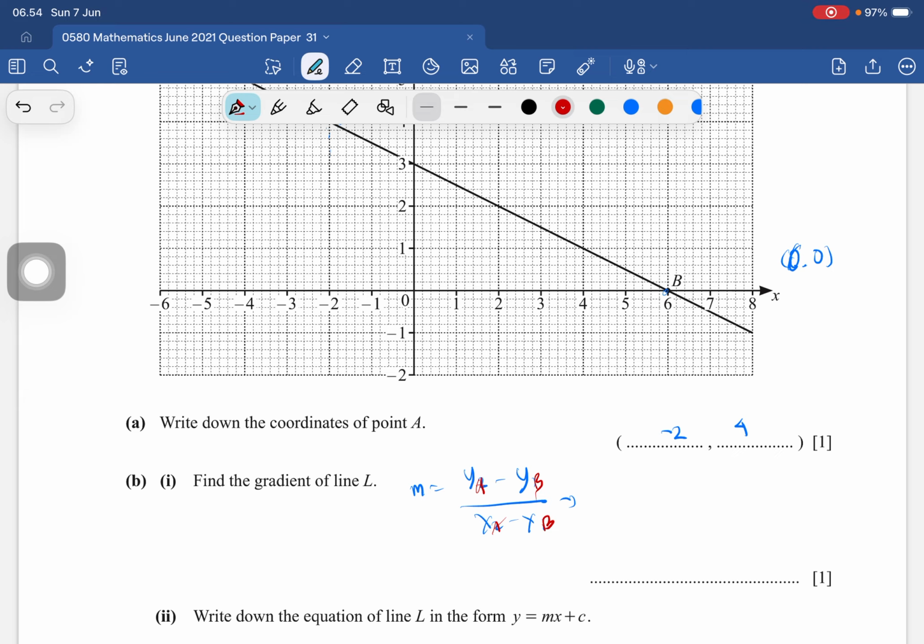It doesn't matter which point is which for the coordinates, as long as we have two points; you can decide which one is y1, y2, x1, x2. I will write it as A and B. So 4 minus 0, divided by -2 minus 6, gives 4 divided by -8, which is -0.5.